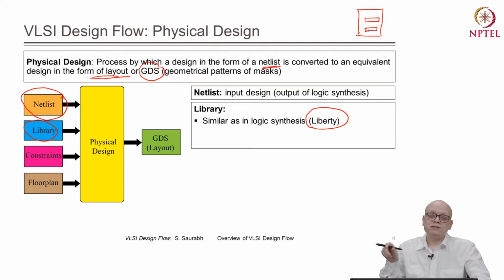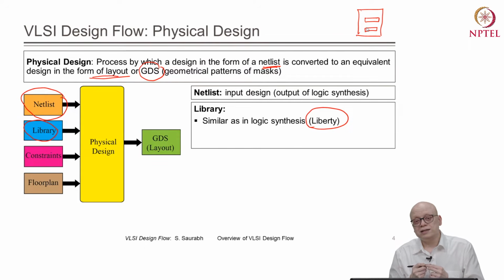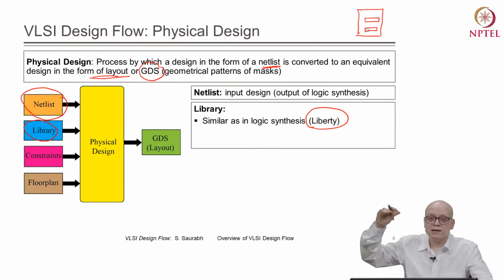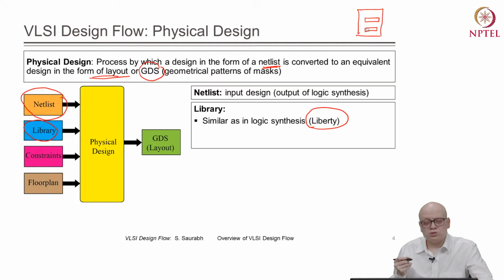Because we want to place these standard cells on the layout, and therefore, we need to know its area, its aspect ratio and those kind of physical details, and also we want to make connections between standard cells using interconnect layers and so on, and to do those kind of design changes, the physical design tools need to know at least a few information about how a standard cell looks like in terms of physical dimensions and other things, right.